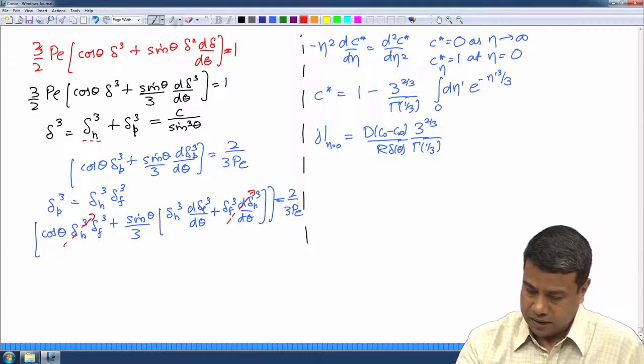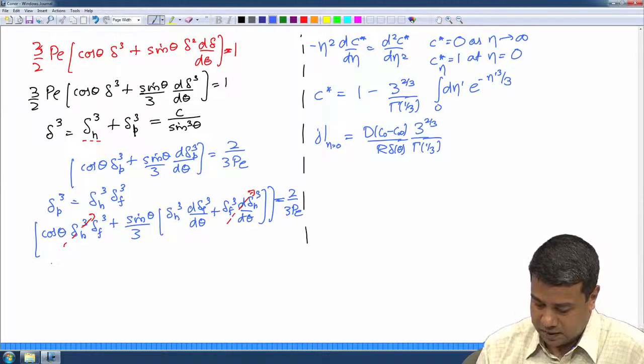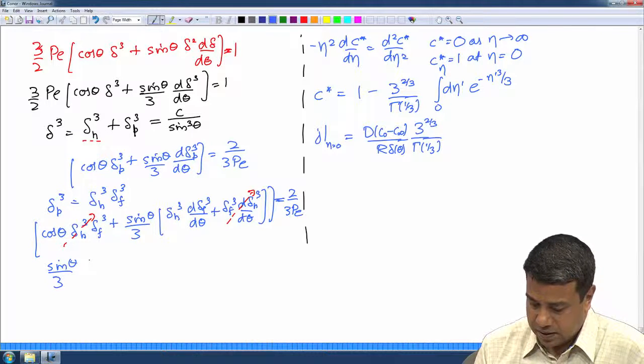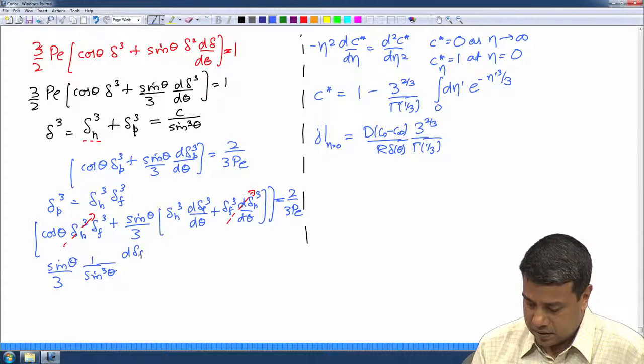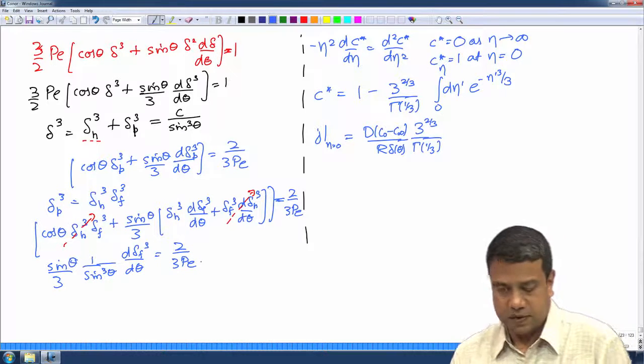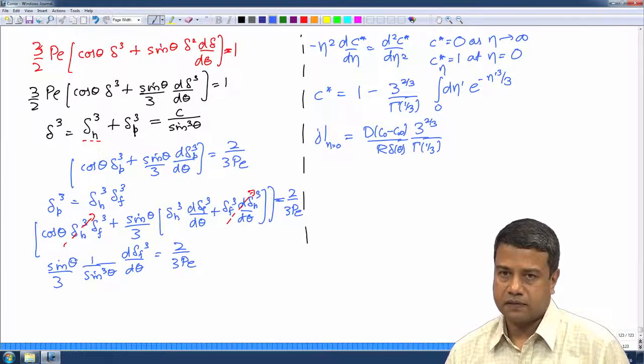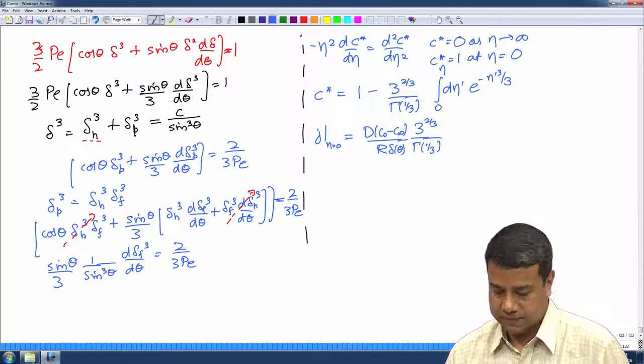And what I will be left with is an equation of the form sin theta by 3, delta h cubed, which is 1 over sin cube theta, times d delta f cubed by d theta is equal to 2 by 3 Peclet number. That is the integrating factor that I have used in order to get the solution.